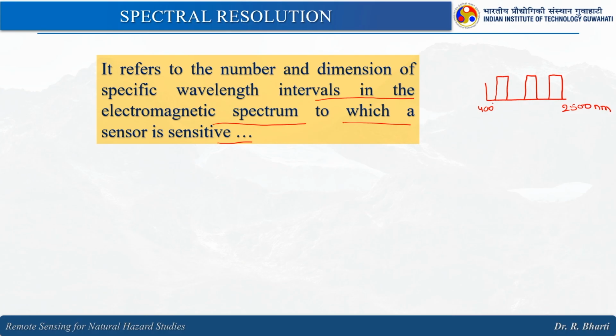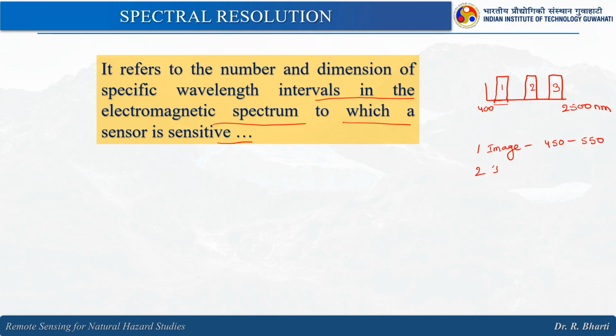So, first is within a given wavelength, how many images we are generating. Here, let us consider we are generating 3 images. Now, each of the images will have a beginning and end of the wavelength. So, let us say the first image is from 450 to 550, right.